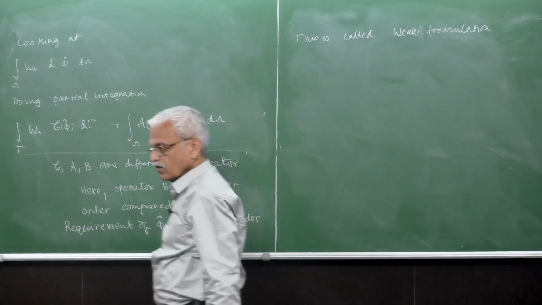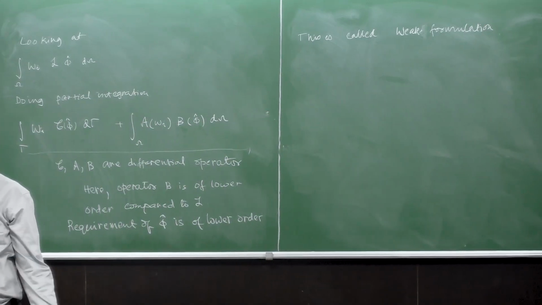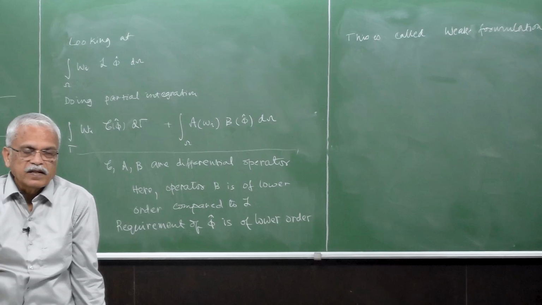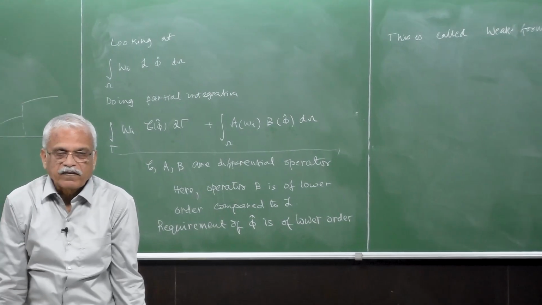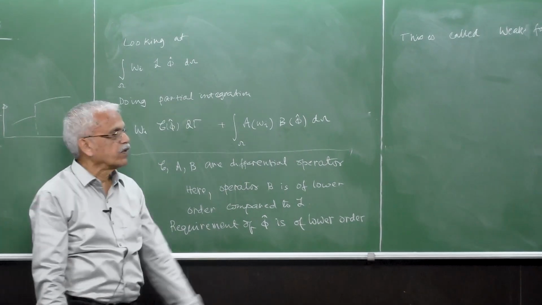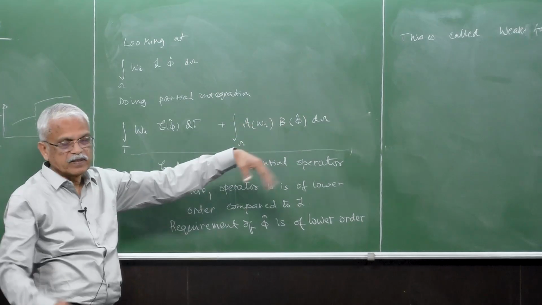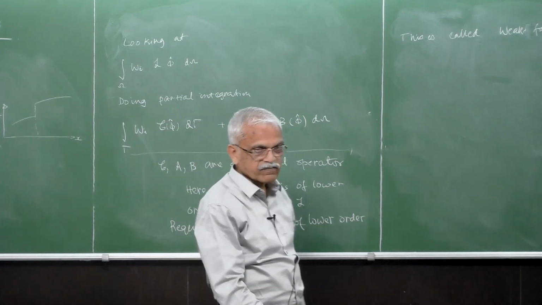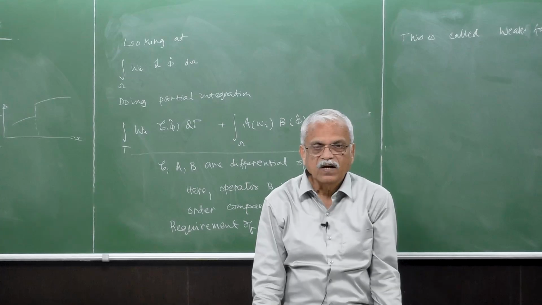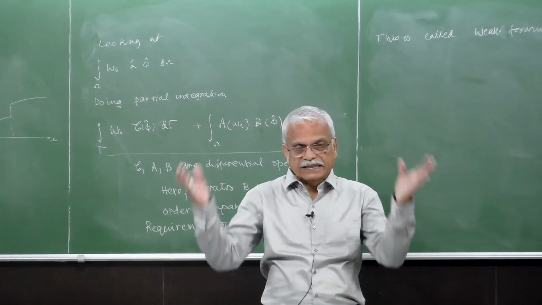By doing this, we are admitting the approximation function phi hat to be of a lower order, and that means that the class of functions which we can take here is a bigger set.